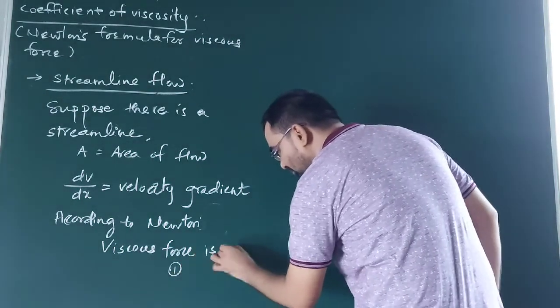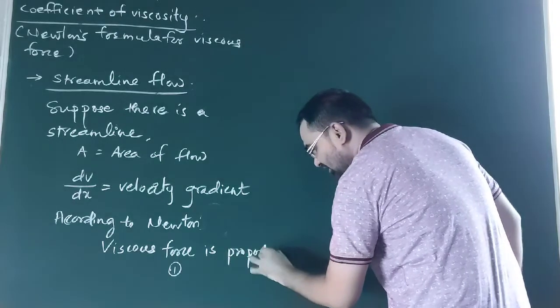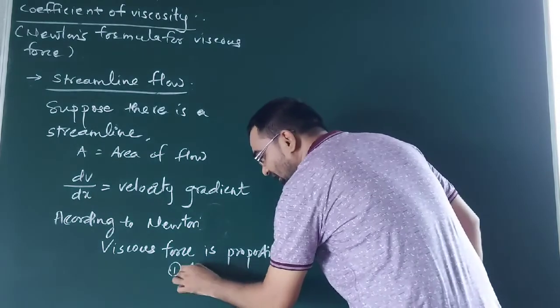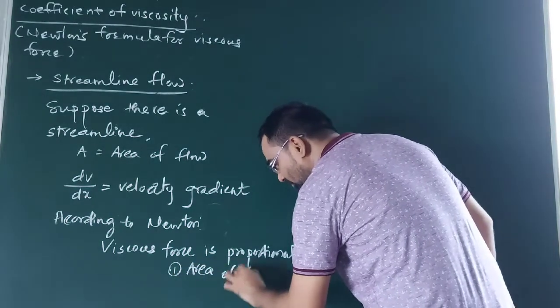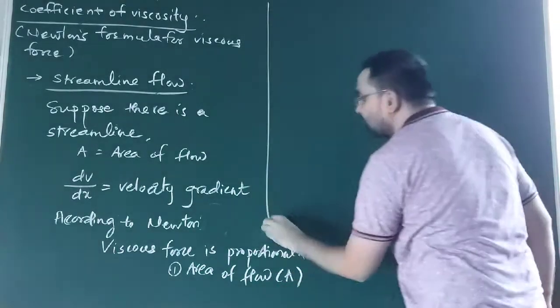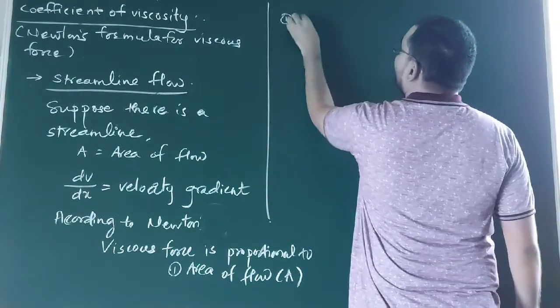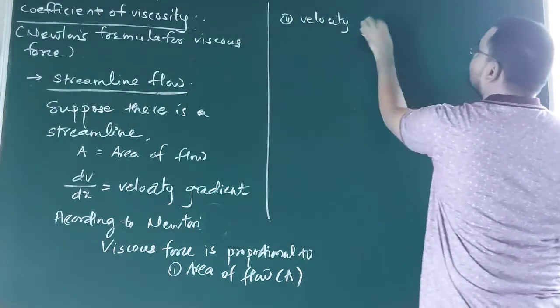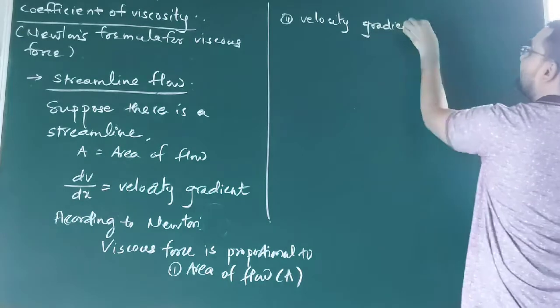Viscous force is proportional to the area of that flow, say A, and the second factor is the velocity gradient of that liquid.